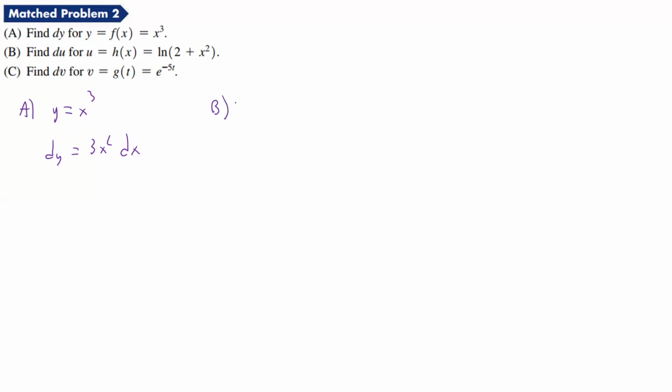What about b? Well, here instead of x's, we're going to use u's. So we'll say u is equal to the ln of 2 plus x squared. And so du is equal to, now remember, it's going to be 1 over that, 1 over 2 plus x squared, times the derivative of the inside function, which is 2x.